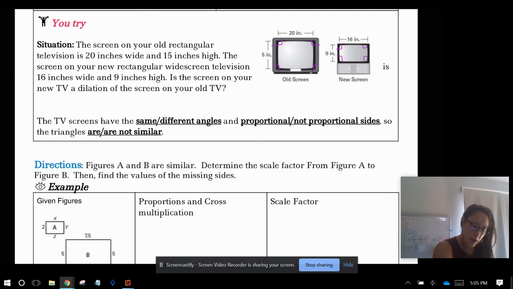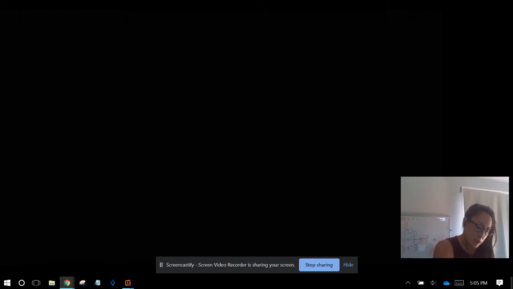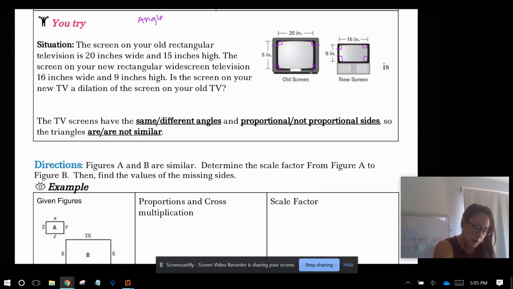So all the angles are congruent already, so we can say the angles are congruent. The TV screens have the same angles. We need that. And then we have to test the sides. So are the sides proportional, or in other words, have the same scale factor?